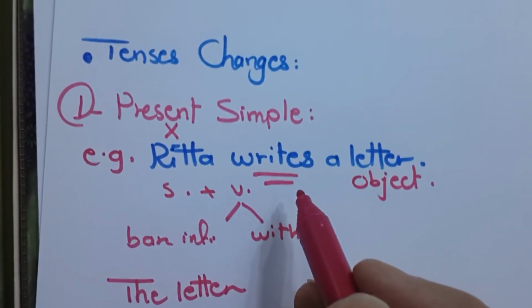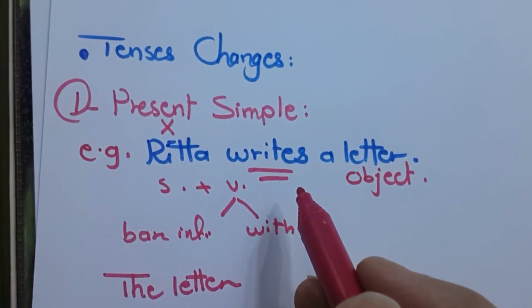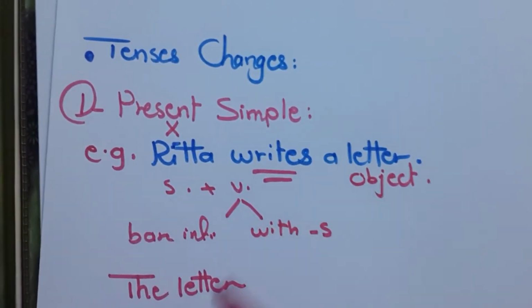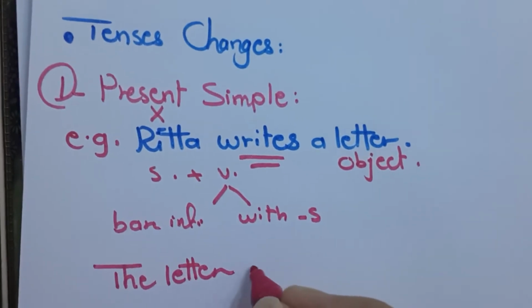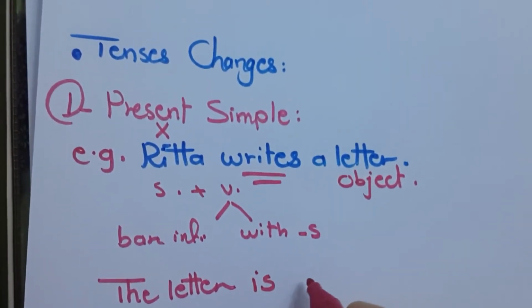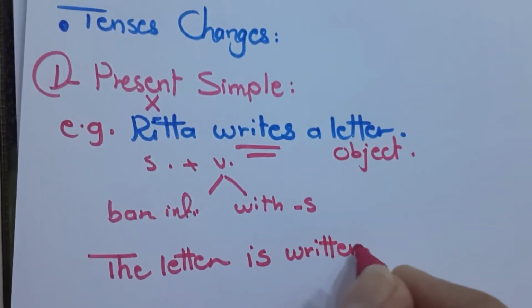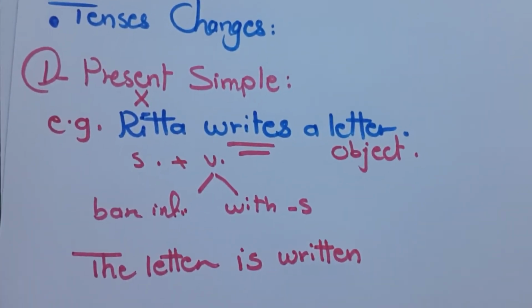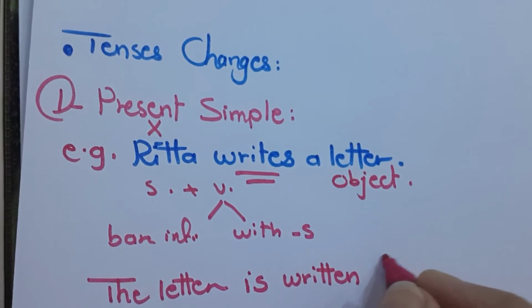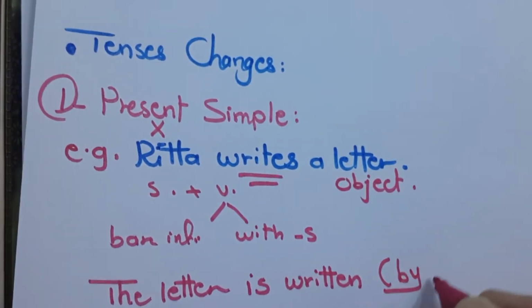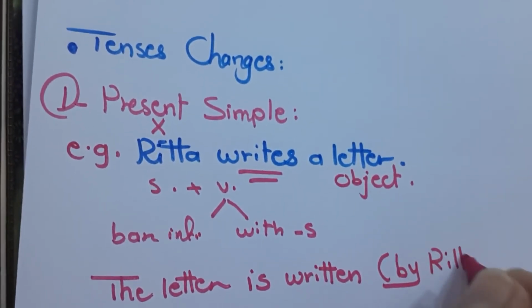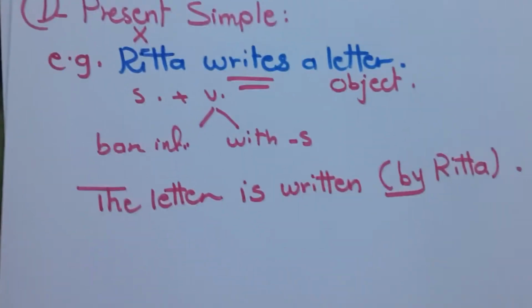To be verbs in the present simple are am, is, or are. The letter is singular, so we take is. The past participle of the verb write is written. It's optional to put the subject at the end of the sentence if it's needed.